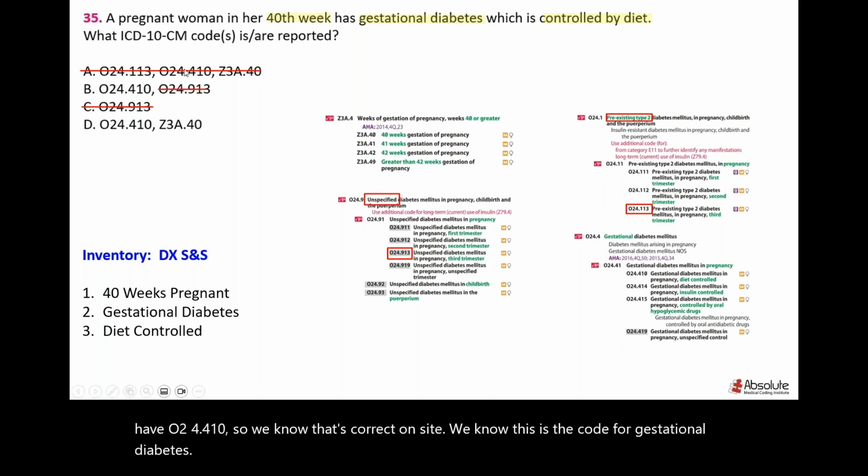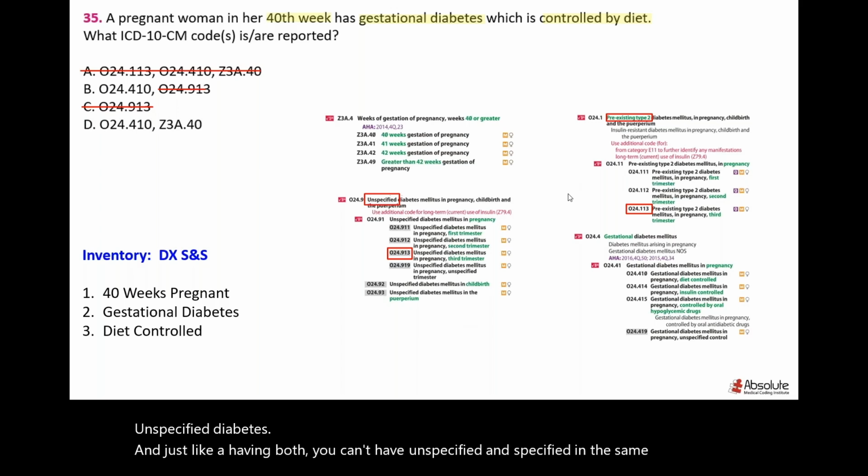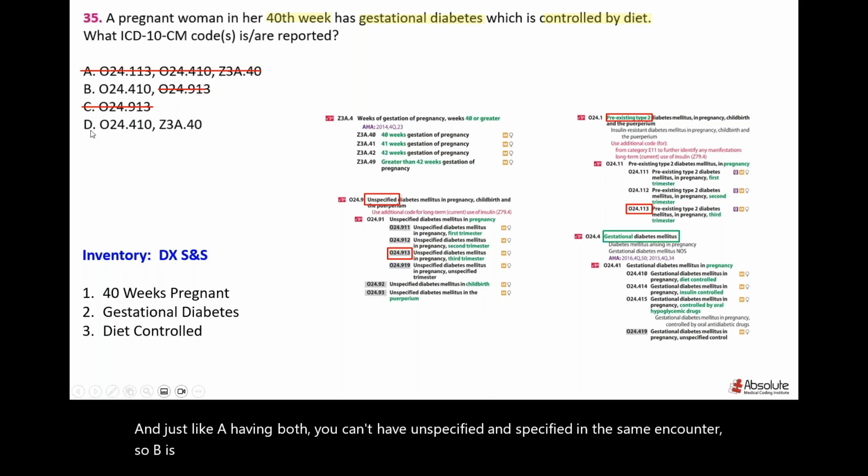But B is incorrect also because it's coding for gestational diabetes and unspecified diabetes. Just like A, you can't have unspecified and specified in the same encounter. So B is incorrect, and the answer is D.